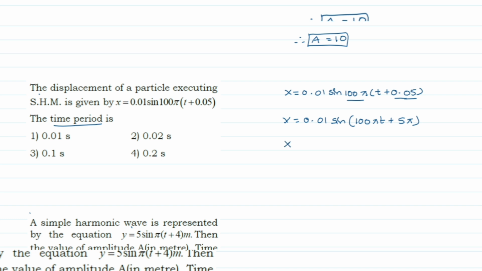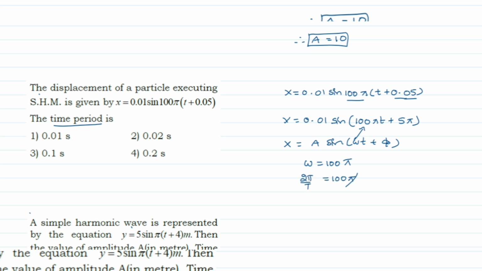So the basic simple harmonic equation is x equals a sin omega t plus phi. When you compare these two equations, omega equals 100 pi. Omega is 2 pi by T, which equals 100 pi.